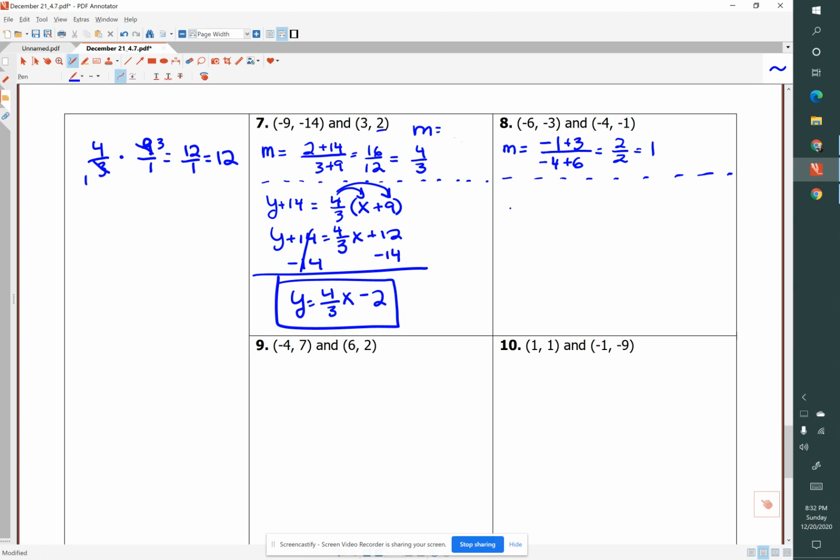Now, let's use point slope form. y minus negative 3, which is y plus 3, equals, we'll just put that 1 there for now, times the quantity of x minus negative 6 is plus 6. And we distribute, and it'll just be x plus 6. y plus 3 equals x plus 6. And then we just simply subtract 3 from both sides.